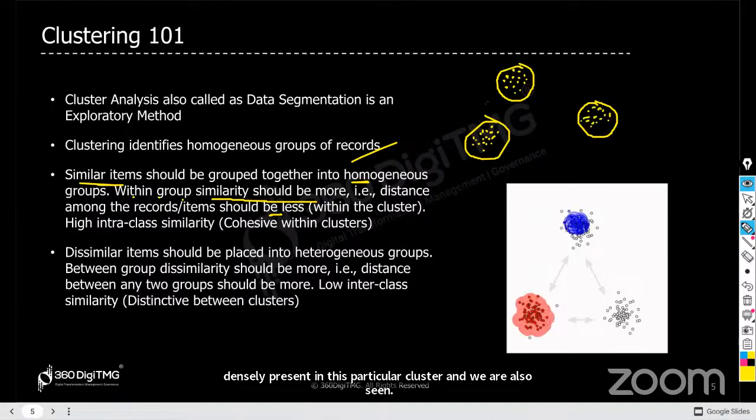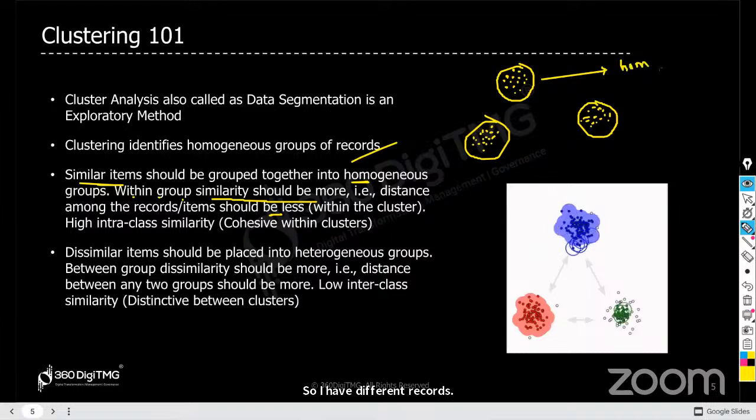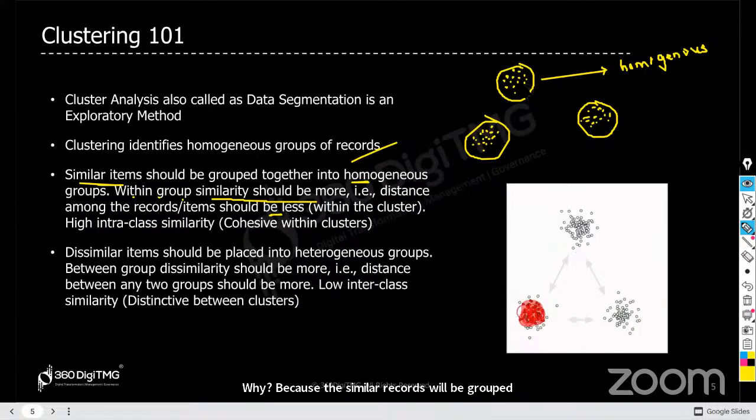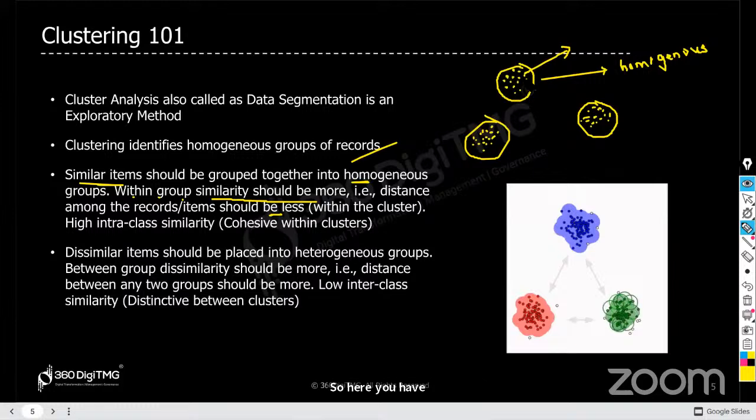What is happening here? In every cluster, the data will always be homogeneous, because similar records are grouped together into a common cluster. Measuring the similarity between the data points or records within the cluster is called within-cluster similarity.